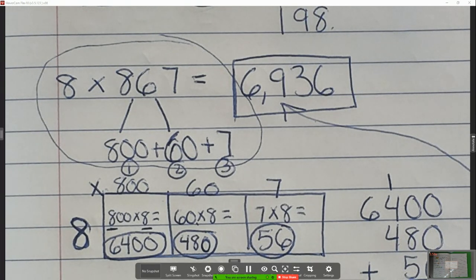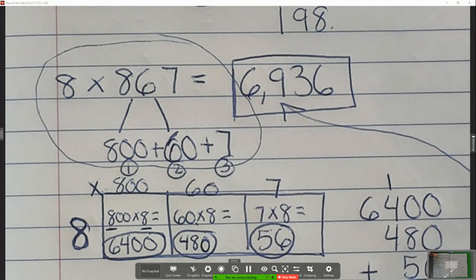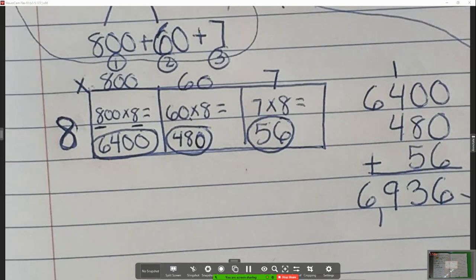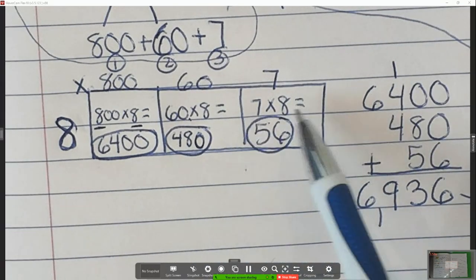If I had a problem that was 5 times 4,372, could I still use this method? Good. I could still use this method, right? The only difference is I would actually have 4 boxes instead.